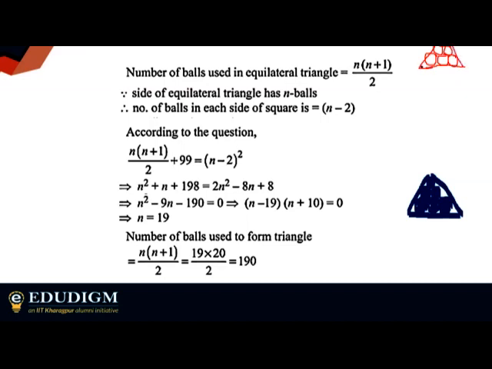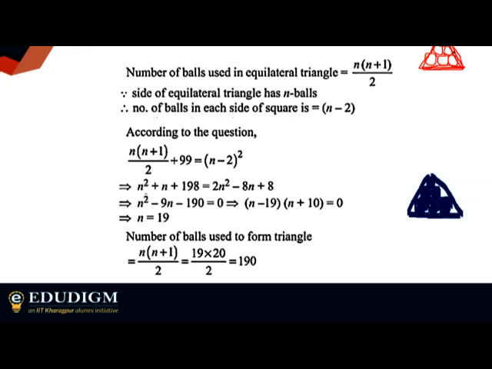If you see every side, this one has three, this has three, and this has three as well. So just assume the number of balls we are using per side; this is where I'm starting with. I'm just imagining that we have n balls in each side. So what will be the total number of balls? It's like 1 plus 2 plus 3.